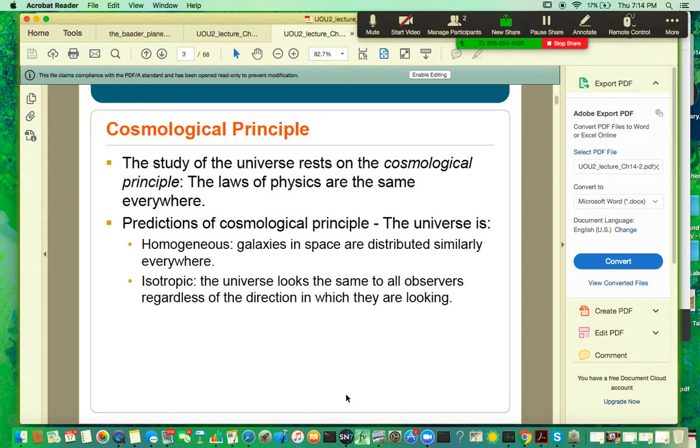Now, isotropic is a different concept. It means that if you take nice, powerful telescopes and look in any direction you want, you're going to see something that on average looks the same.